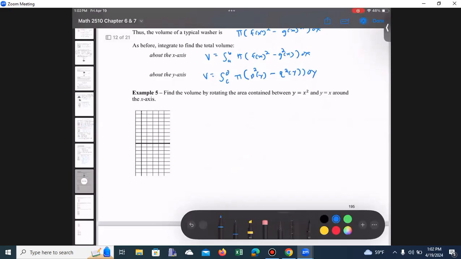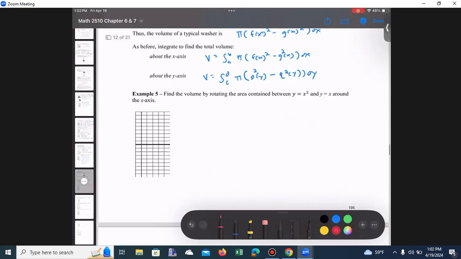All right, so let's say we are looking at y equals x squared and y equals x. I'm going to draw this out where 1 is over here. So 1/4, 1/2, 3/4, 0. Because we're going to do this between 0 and 1, because that's where they end up equaling.